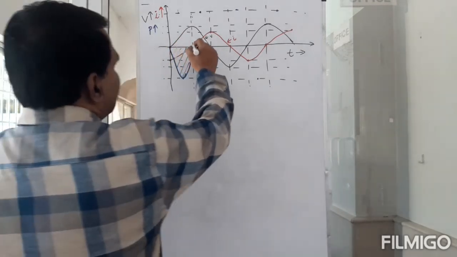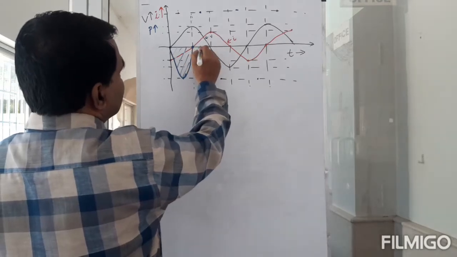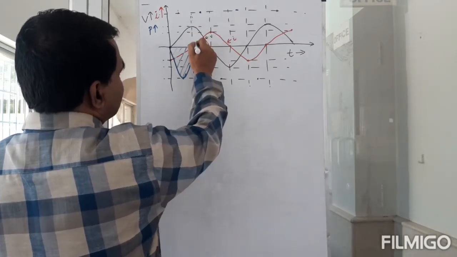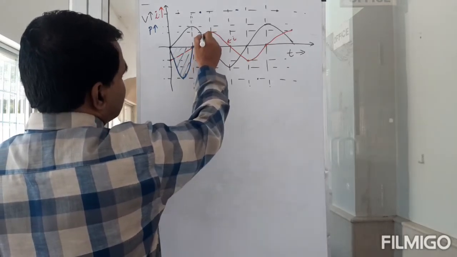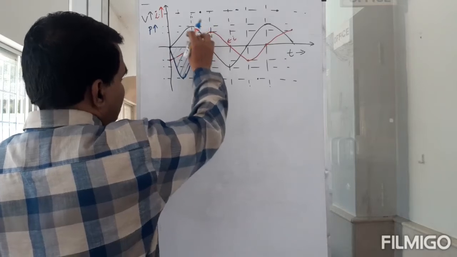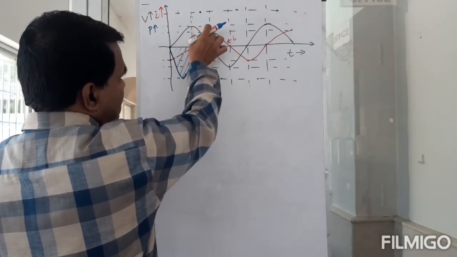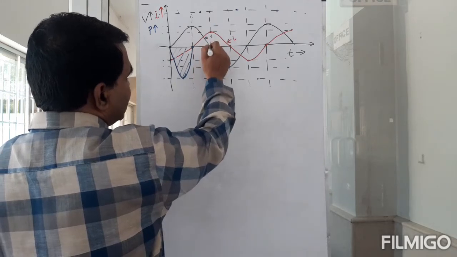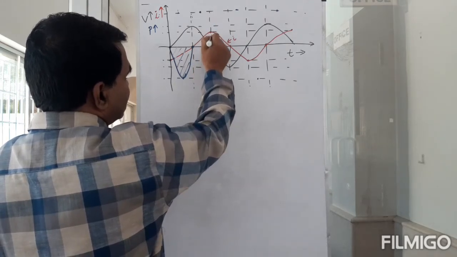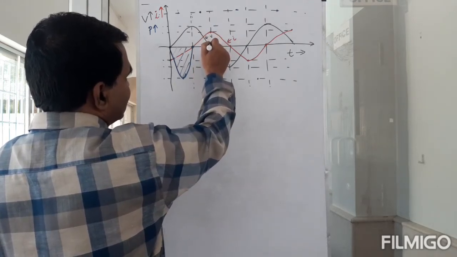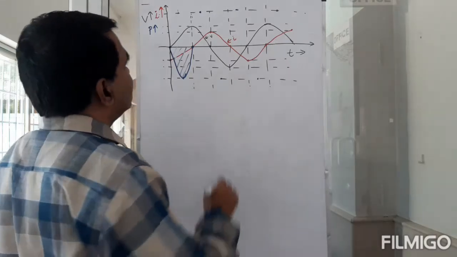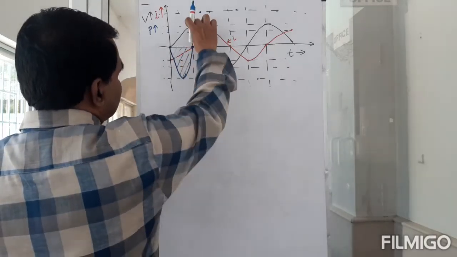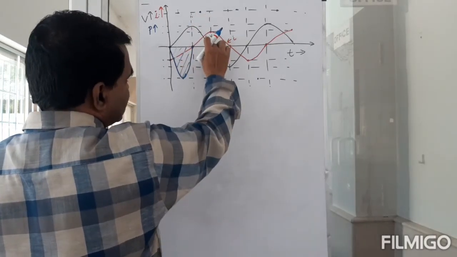Again, you take this part. This is positive. This is also positive. This is positive. This is positive. So the power must be positive in this range. But then you come here. This is positive, but this is negative. So the power must be 0 here again. So it starts from 0, has positive values and then comes back to 0 again.